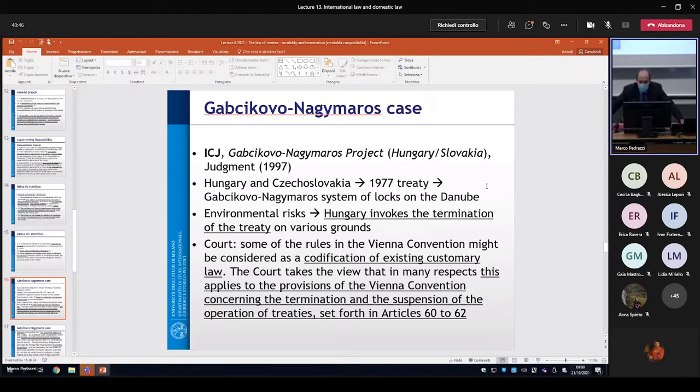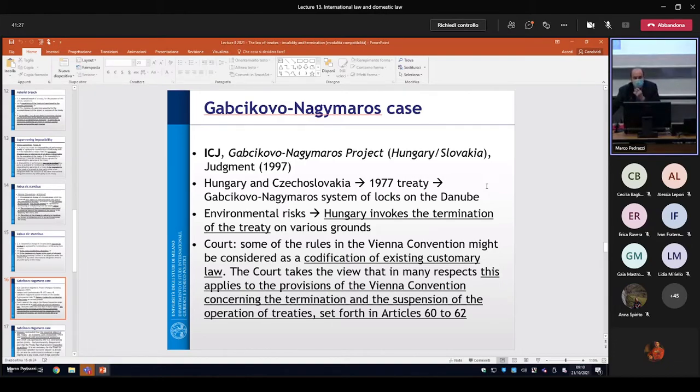And this 1977 treaty provided for the construction of a system of locks on the Danube. Now it happened that Hungary at a certain moment in the beginning of the 1990s felt that going on with the construction of this lock system would entail serious environmental consequences for the Hungarian territory.